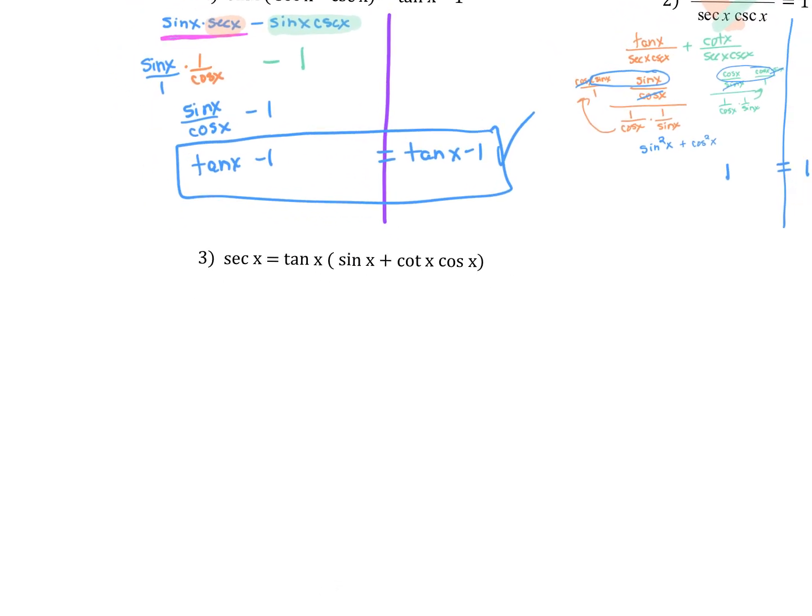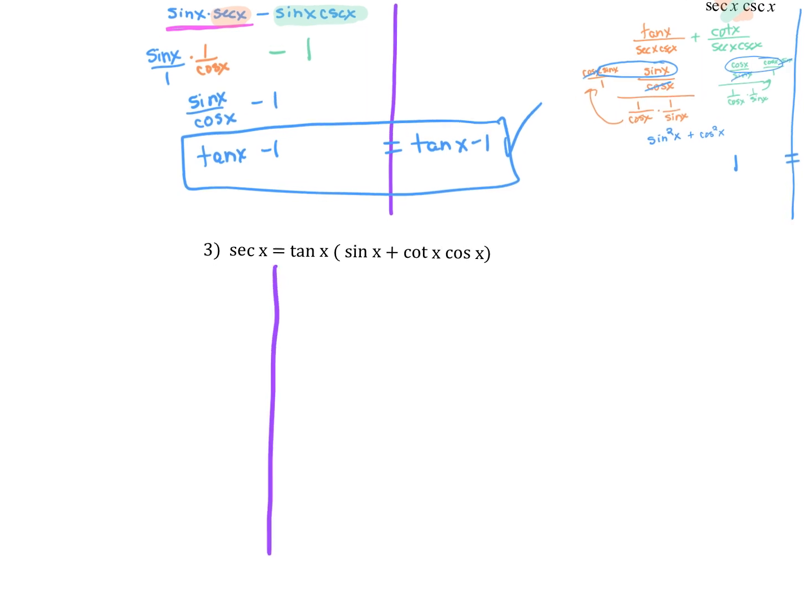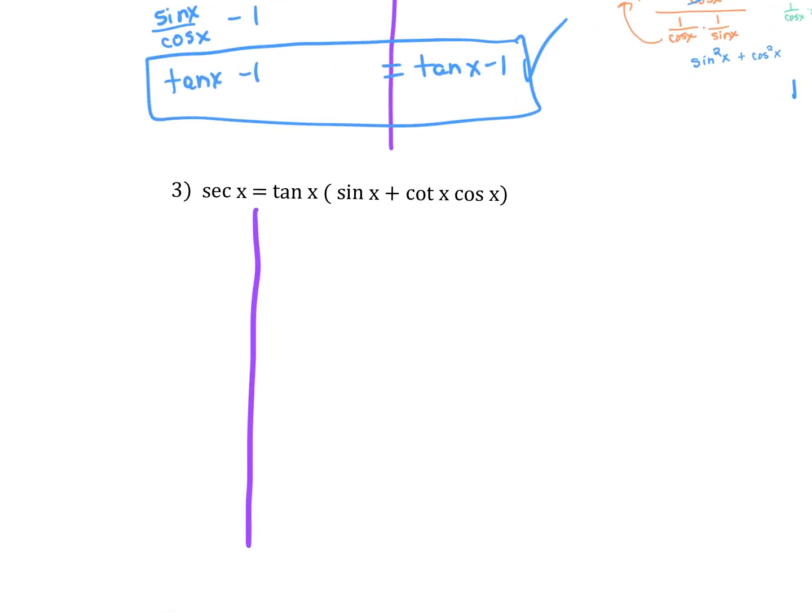Onward. All right, number 3 here. Definitely working on the right-hand side. And I don't know, what do you think we should do first? Alex Subin, what should we do? What do you think?